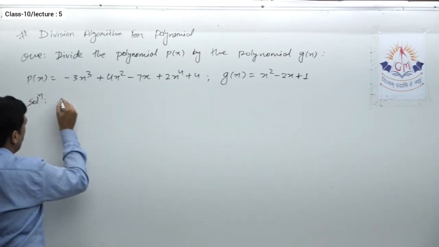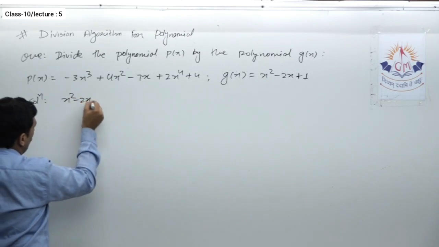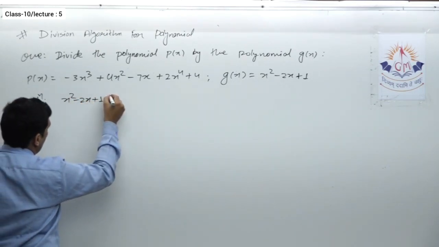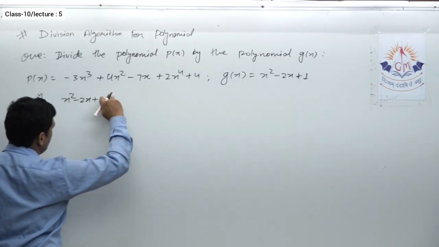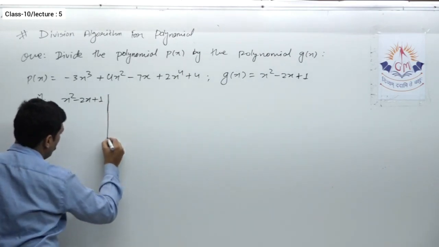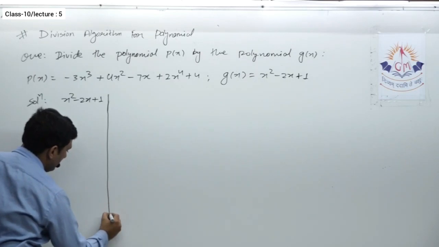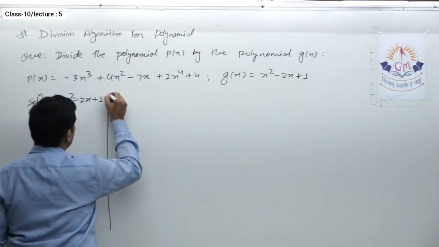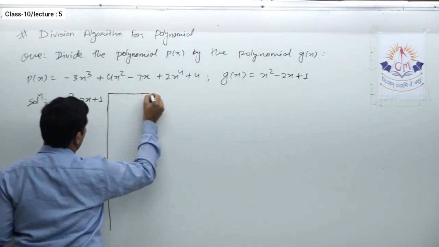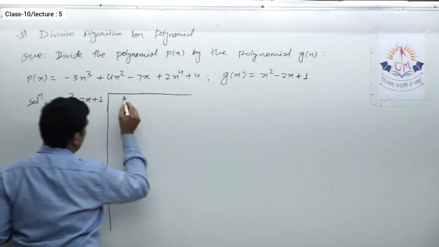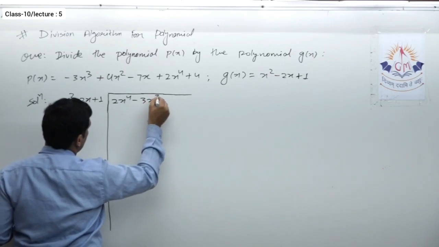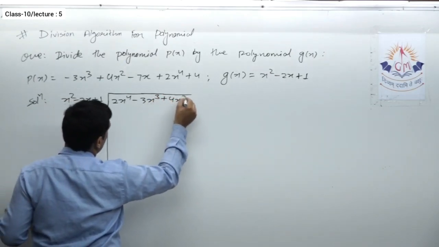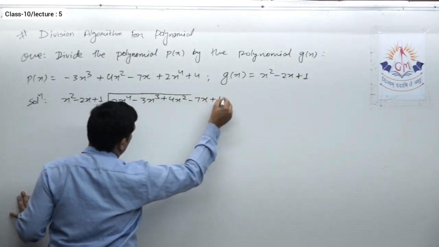First I write this x square minus 2x plus 1, and over here for division purpose I write the dividend polynomial in the standard form. That is, first I write 2x raised to 4 minus 3x cube plus 4x square minus 7x plus 4.